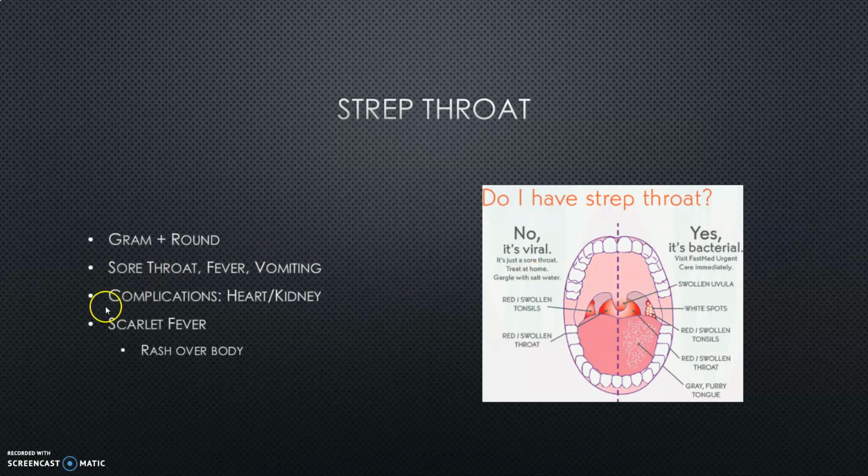One other type related to strep throat, scarlet fever. Scarlet fever, same bacteria, same thing that's happening. But with scarlet fever, you end up with a rash over the body, and that is due to that super antigen toxin.